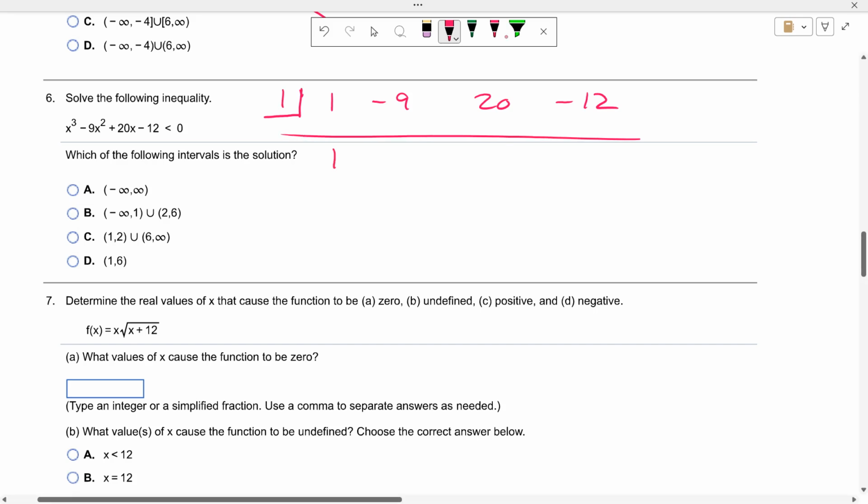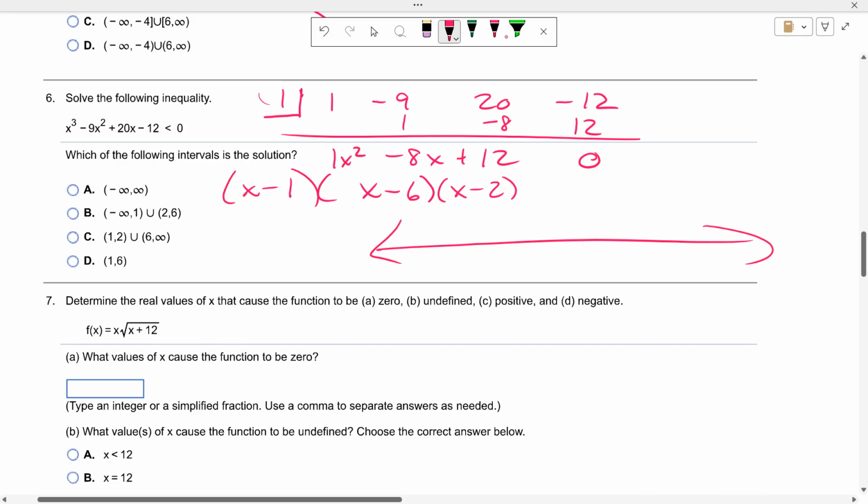We try a 1: 1, 1, 1, negative 8, negative 8, 12, 12, 0. So now it's x squared minus 8x plus 12, which is x minus 4. No, it's x minus 6, x minus 2, isn't it? And then up here with a 1 being there, it's x minus 1.